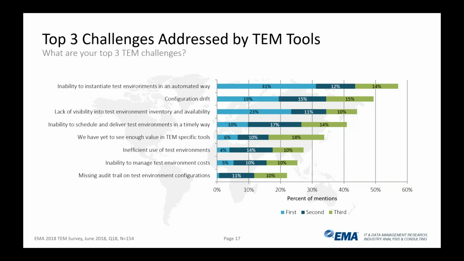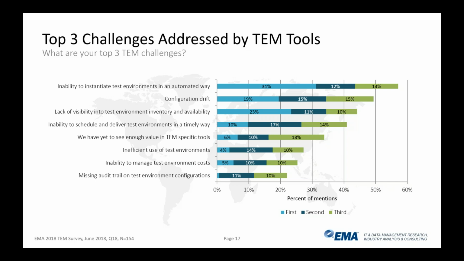Or at the same time, are they still stumbling and not really mastering yet the capabilities provided by TEM tools, and therefore have yet to see the economic benefits that I'm about to show can come out of using a TEM tool effectively? So it's a little bit of a quandary here. I think the data suggests that there's a lot of benefit coming out of these tools.